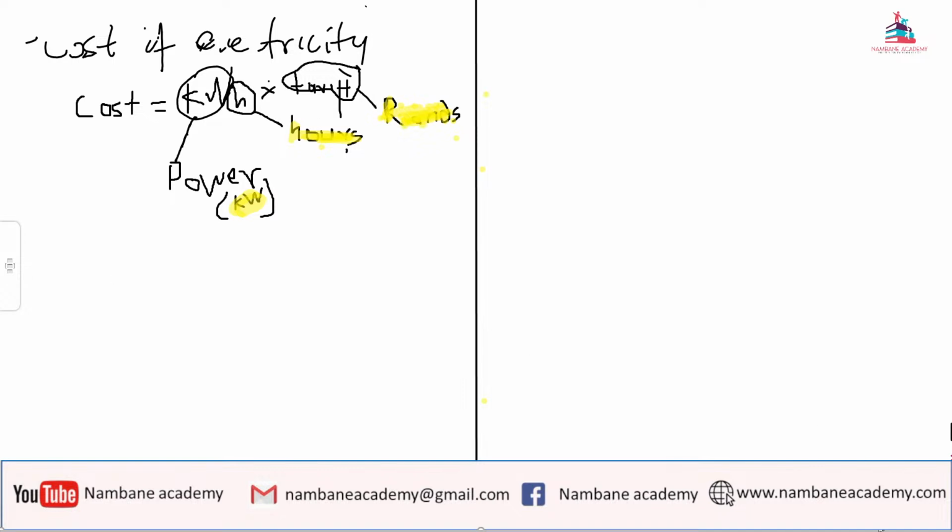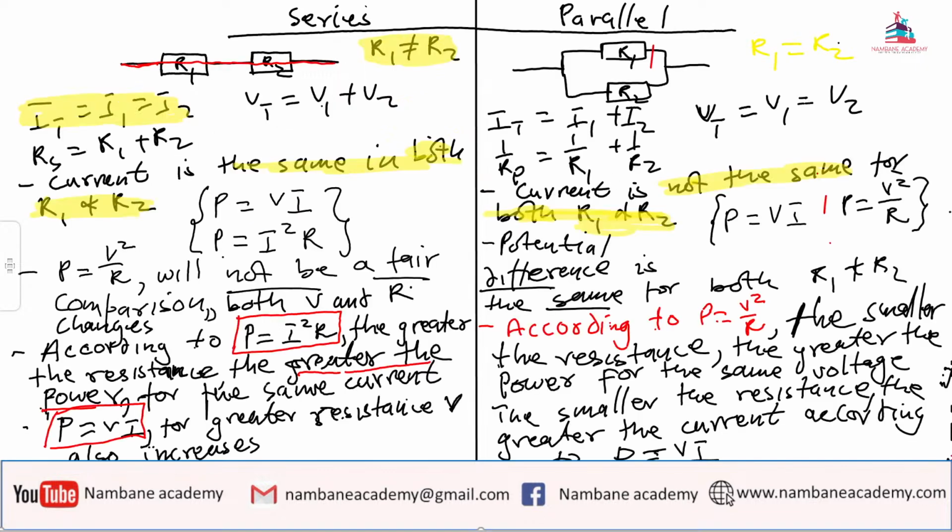So this is important because basically what we need to do is to use these equations of power. P is equal to VI and P is equal to V squared over R for parallel. For series, we must use P is equal to VI and P is equal to I squared R. Then we will be able to calculate the power.